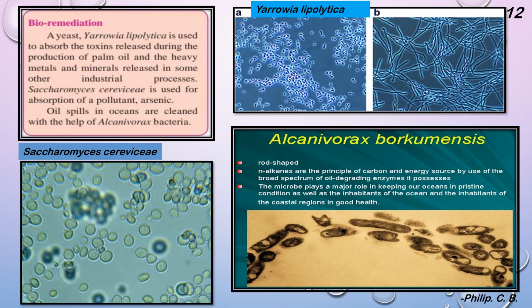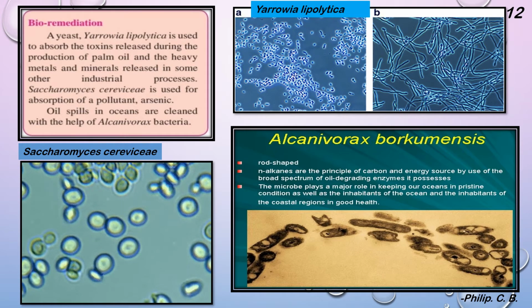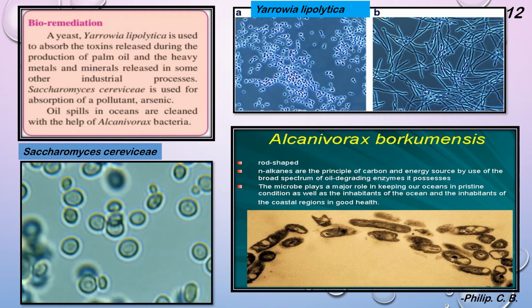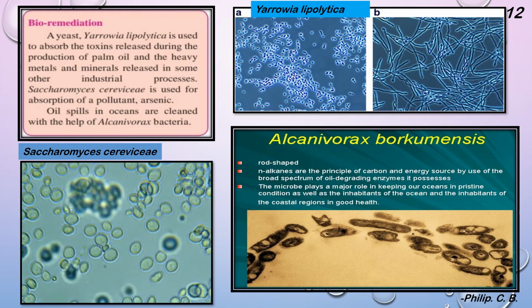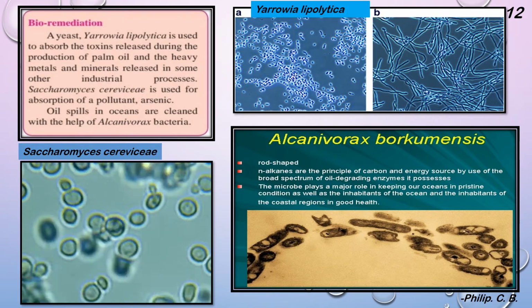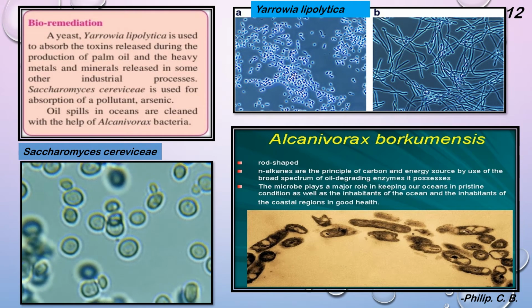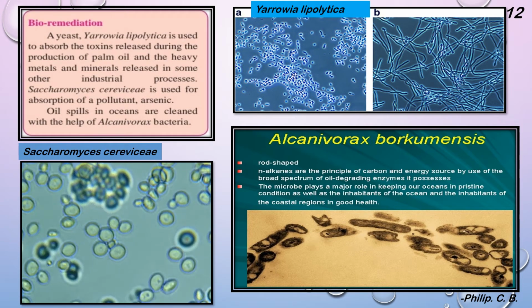What does that mean? Now, as you know, in oceans and seas, a lot of vessels or ships go. When they go, with the petrol products and oils, there are a lot of oil spills. Now, if they are present in the oceans and sea, what will happen? It will kill all the aquatic life, that is fishes, plants, everything in the ocean.